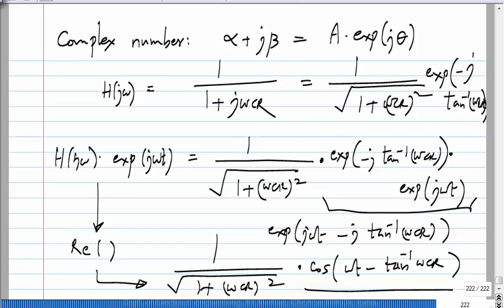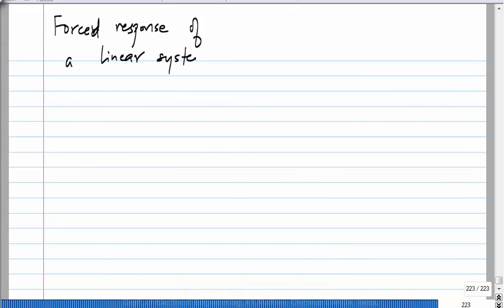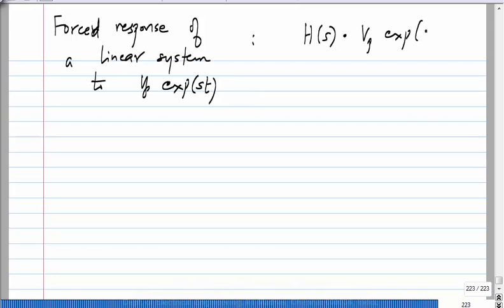So again, in general, the force response of a linear system to Vp exponential St is some transfer function h of s times Vp exponential St, right?